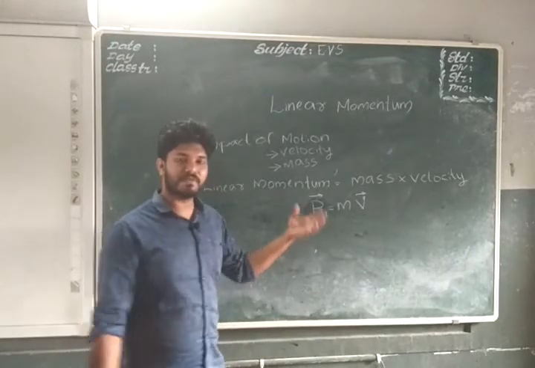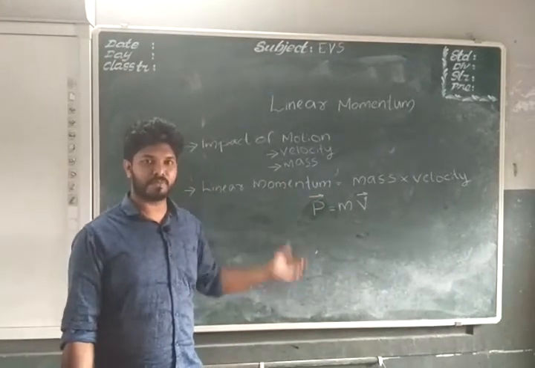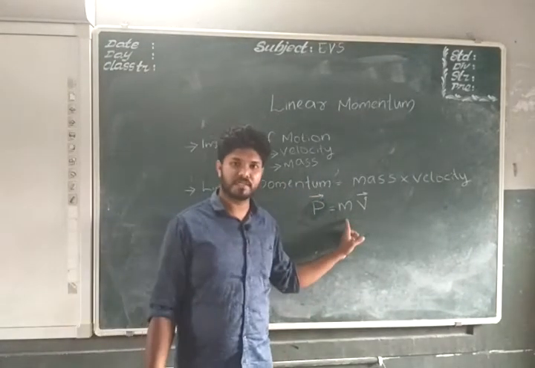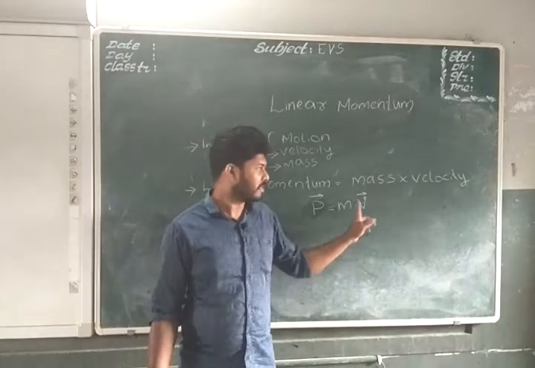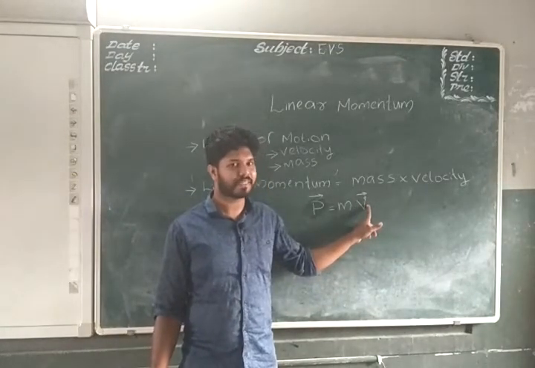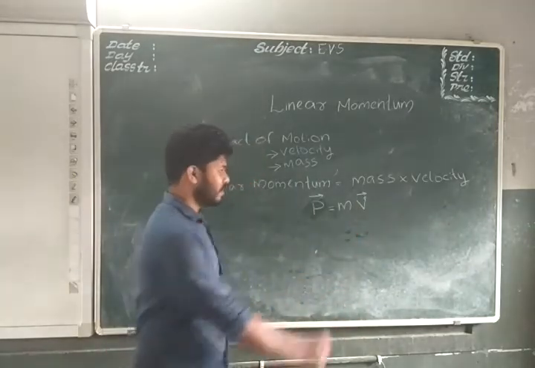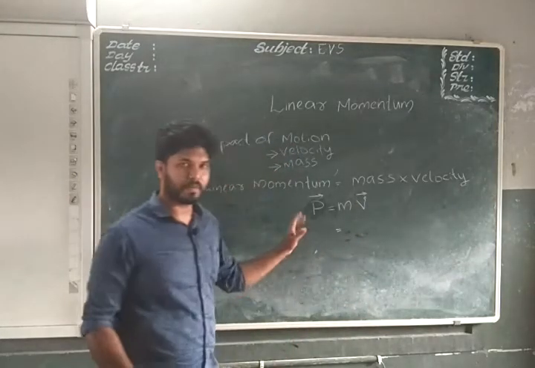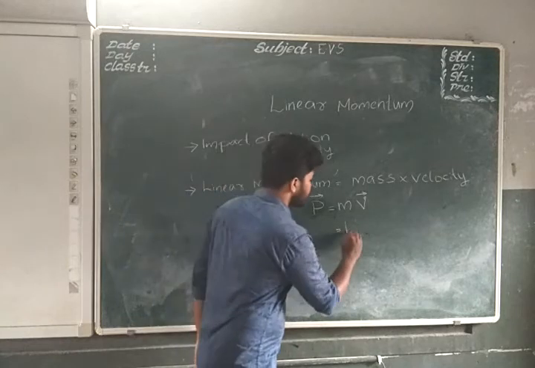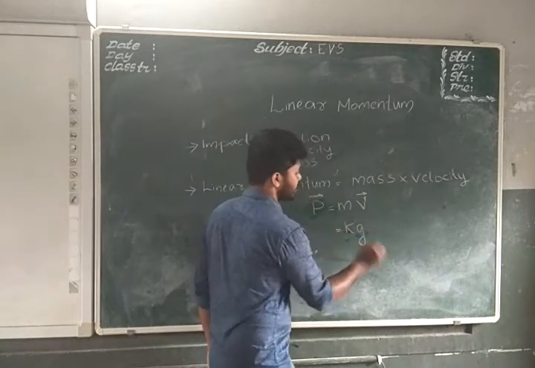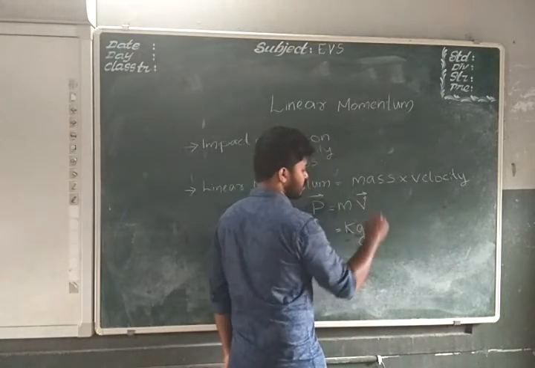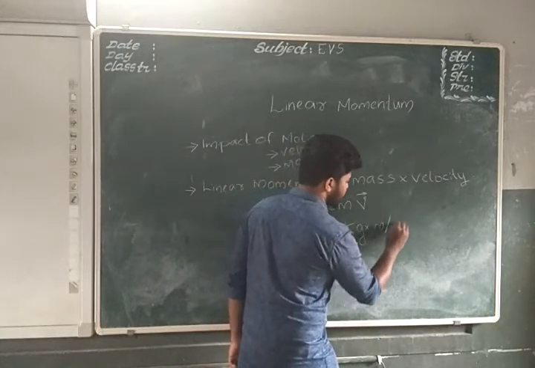Now we have to derive a unit for P. What is the unit of mass? Kilogram, isn't it? What is the unit of velocity? Meter per second. So let us derive a unit for momentum. The unit of mass is kilogram and the unit of velocity is meter per second.